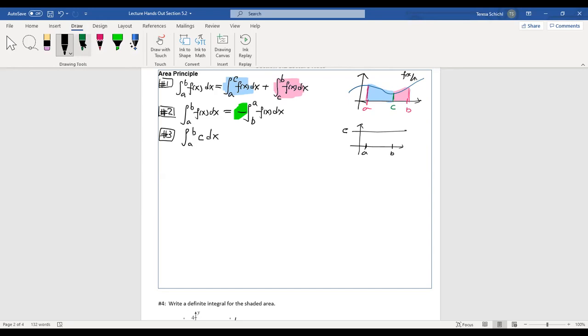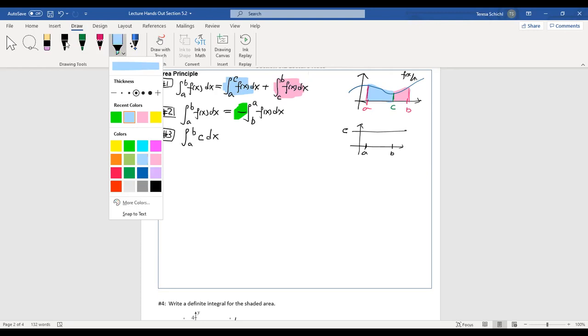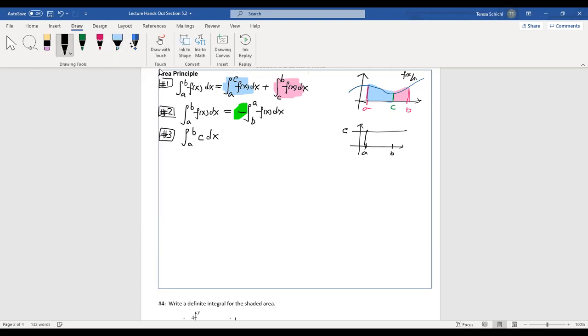What is my area? It's a rectangle, correct?